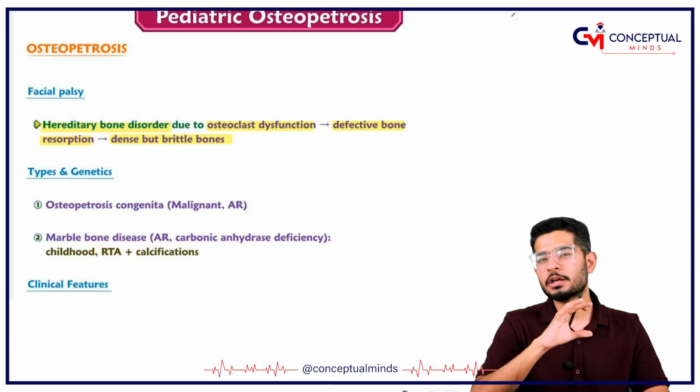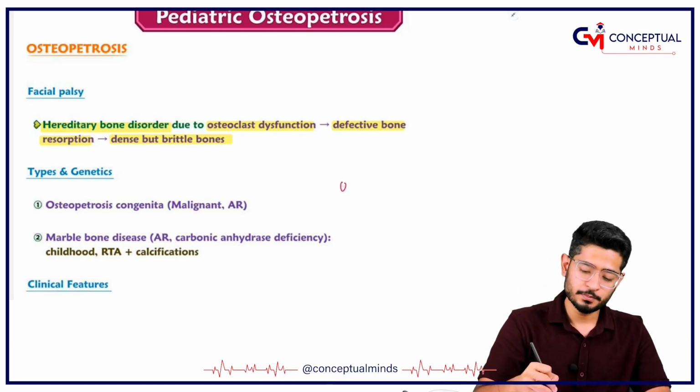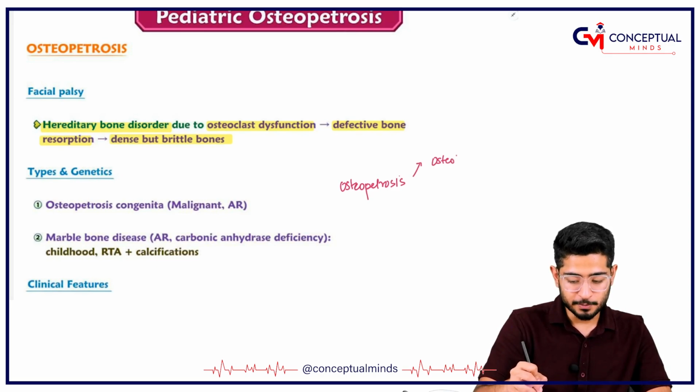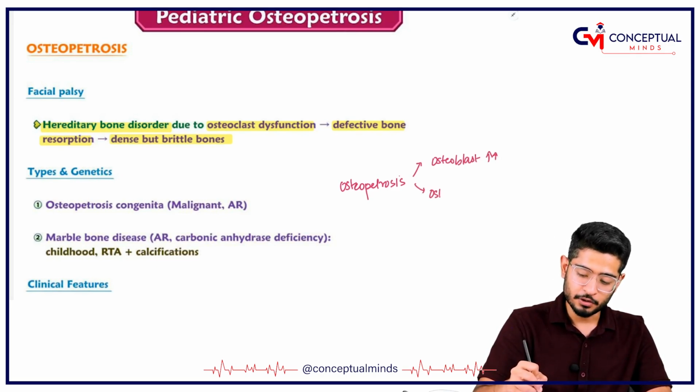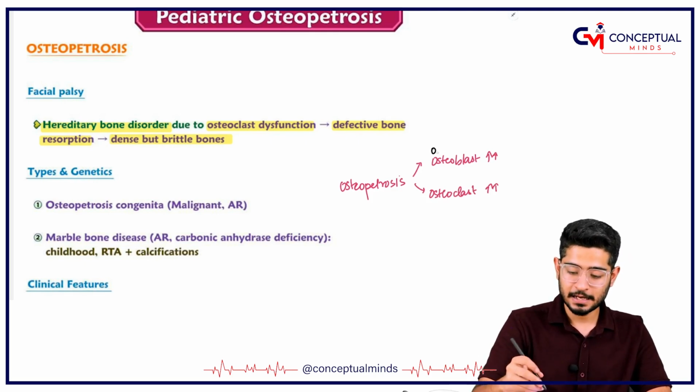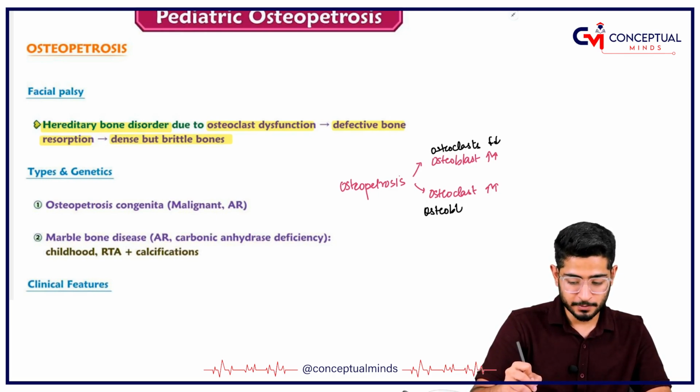See, if I just tell you in a much more detail, osteopetrosis is a condition where at some point of time the osteoblasts are very active. At some point of time the osteoclasts are very active, okay, and of course the counterpart, like if the osteoblasts are very active, the osteoclasts are not working fine, and if the osteoclasts are functioning properly, osteoblasts are also not functioning well.